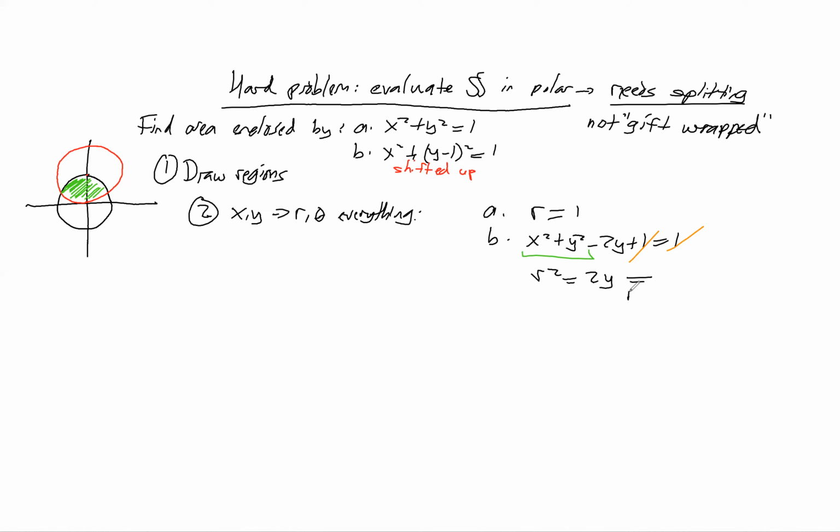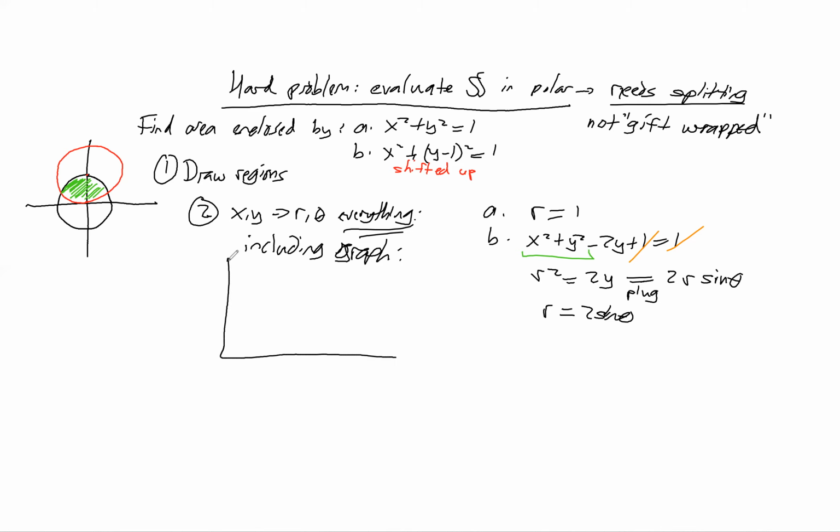If we continue the plug of polar coordinates into Cartesian, we get 2r sine theta. So that means r equals 2 sine theta. So when I said everything, I meant everything, including the graph. So we plot r as a function of theta. So 2 sine theta will look something like this.